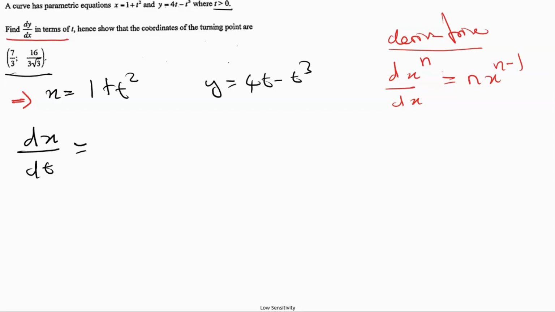The derivative of a constant is 0, so here we have dx/dt equals 2t. For dy/dt, since this is t to the 1, we have 4 minus 3t squared. But that's not what we really want here.